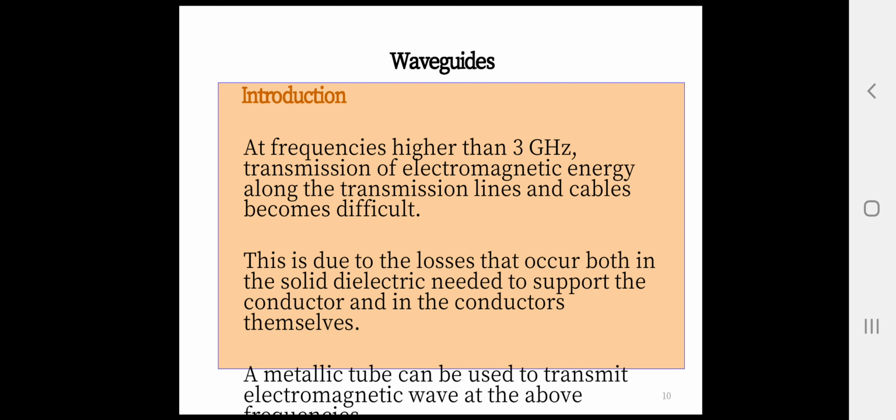This is due to the losses of the transmission line, both in the solid dielectric needed to support the conductor and in the conductors themselves. So a metallic tube can be used to transmit electromagnetic waves at these frequencies, while transmission lines can't be used above 3 gigahertz.